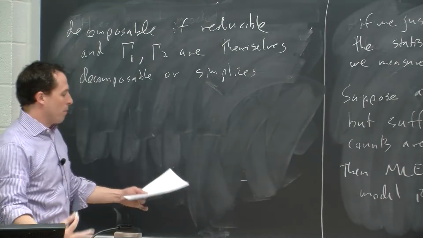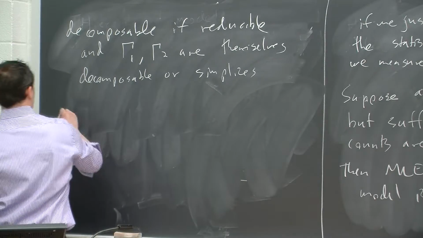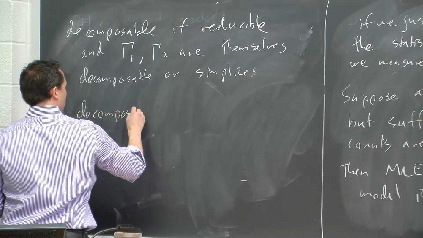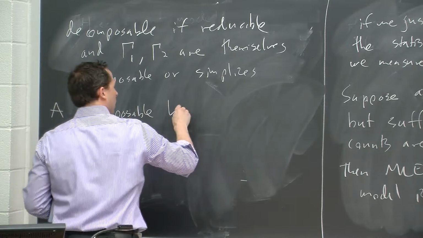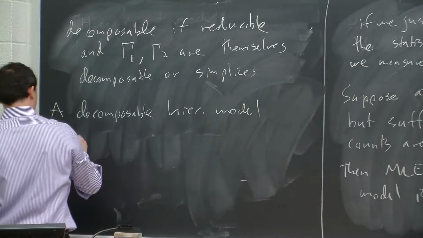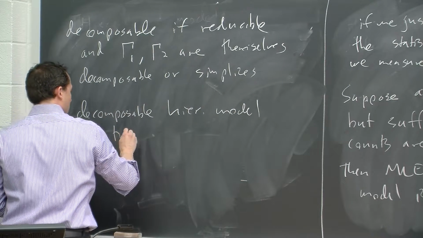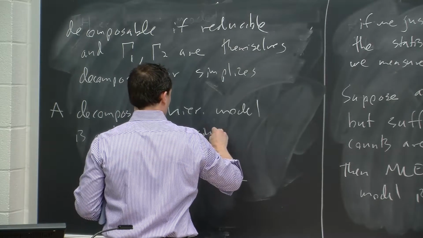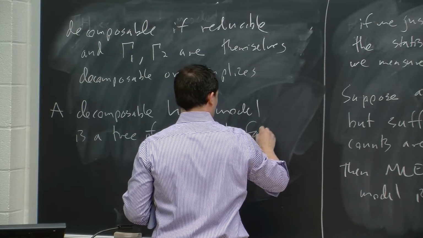Essentially, I can build this thing up as a tree. So a simple way of saying this is that a decomposable hierarchical model is a tree of maximal factors.